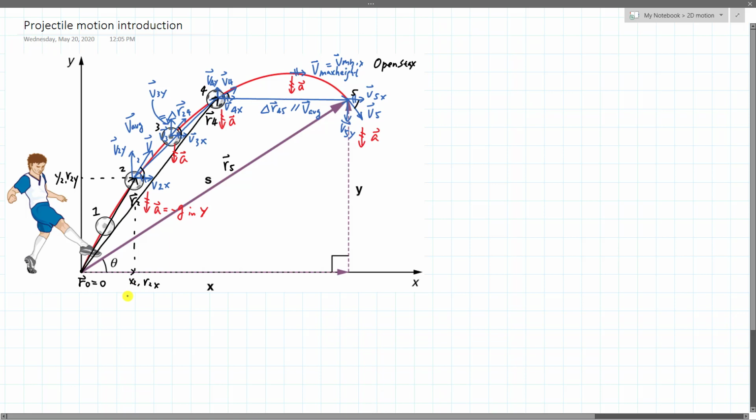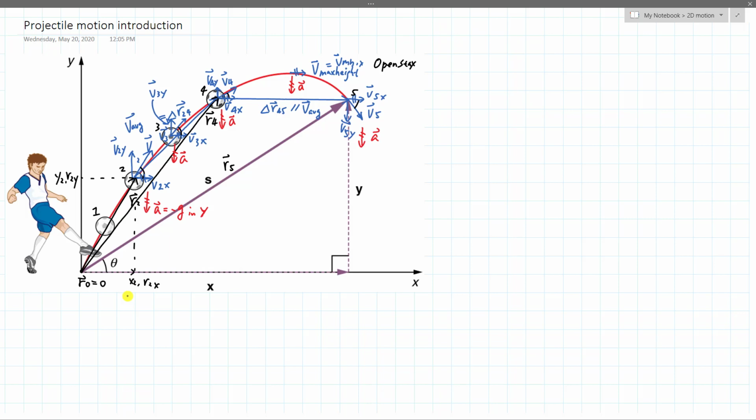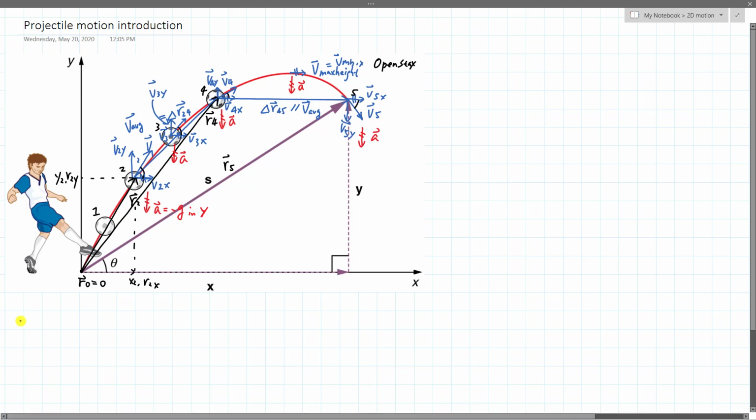Okay, so instead of just an initial position in x, now we have a set of two. So we have initial position in x, and we have a final position in x. The initial position in x is 0 right here in this example. The final position in x is very long, so this whole thing is the final x position in our graph.